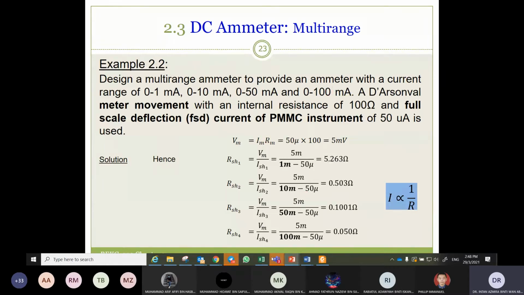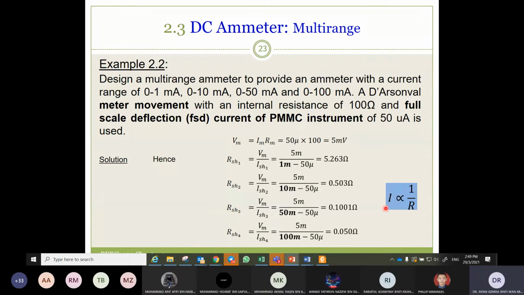From this calculation, we can see that for R shunt 1, the total current is 1 milli, and R shunt 1 is equal to 5.2. Then the total current becomes larger until R shunt 4. At R shunt 4, the total current is 100 milli, but R shunt 4 is 0.05.